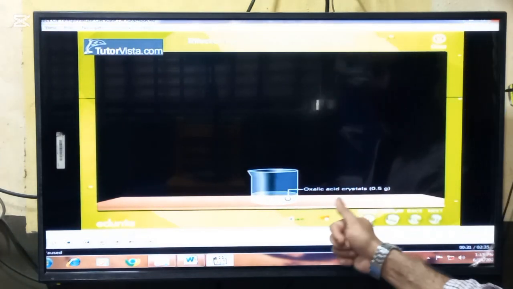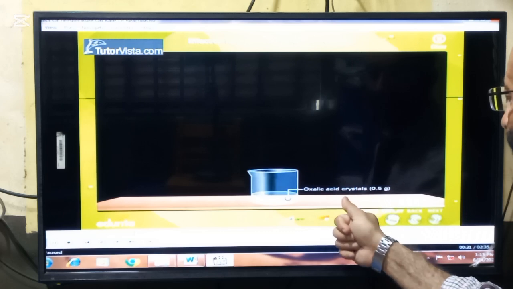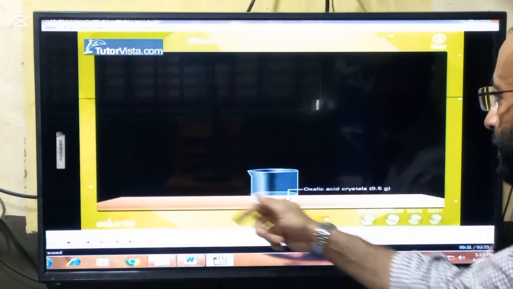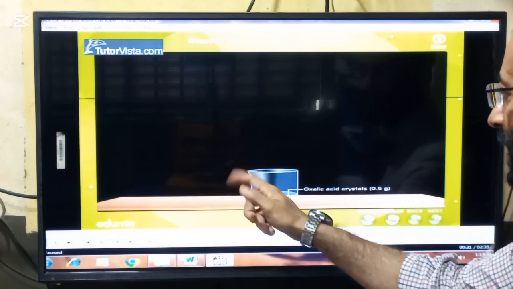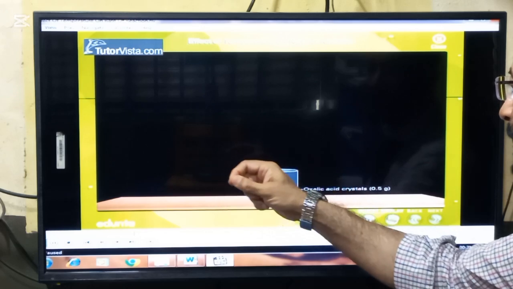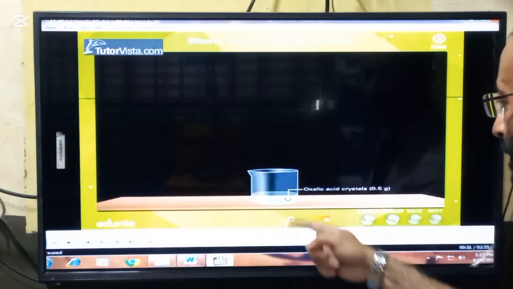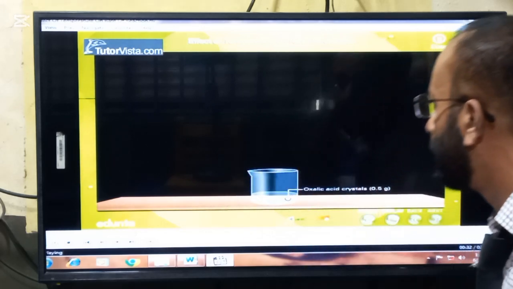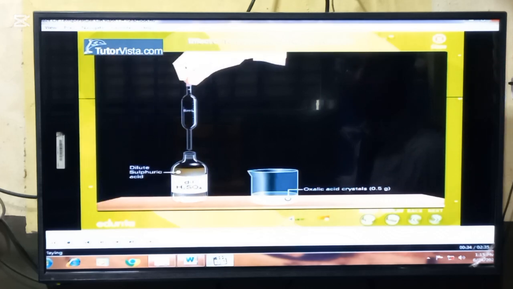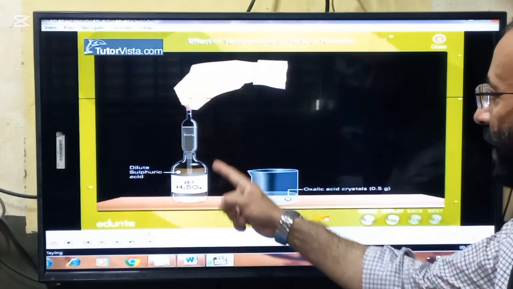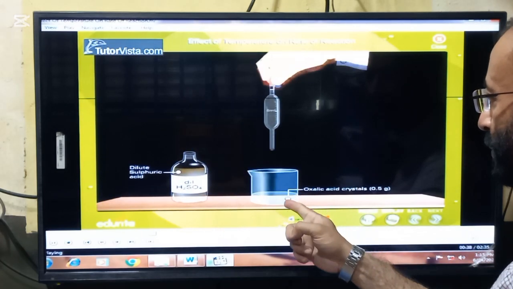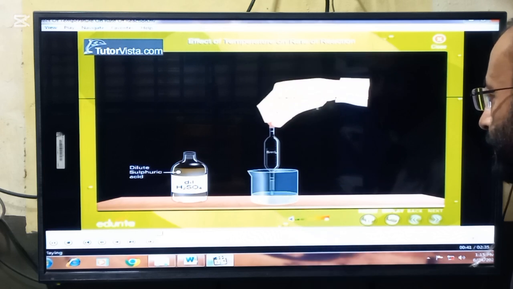So look now, 0.5 grams of oxalic acid is taken into the beaker and water measured with a burette is put into the beaker. Here 5 ml of H2SO4 is put into the beaker.